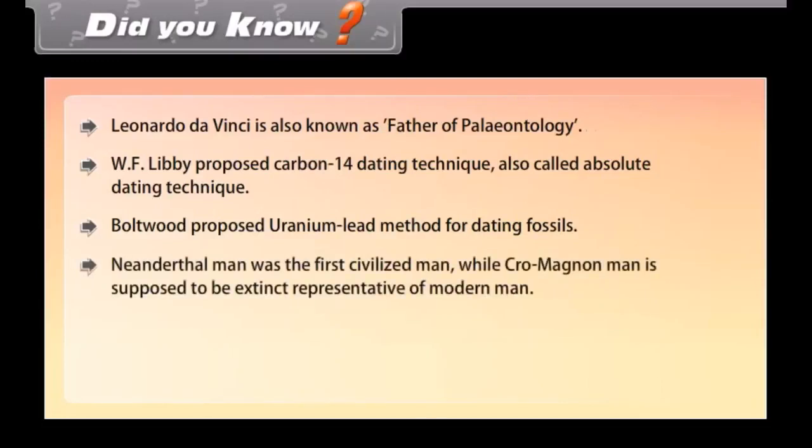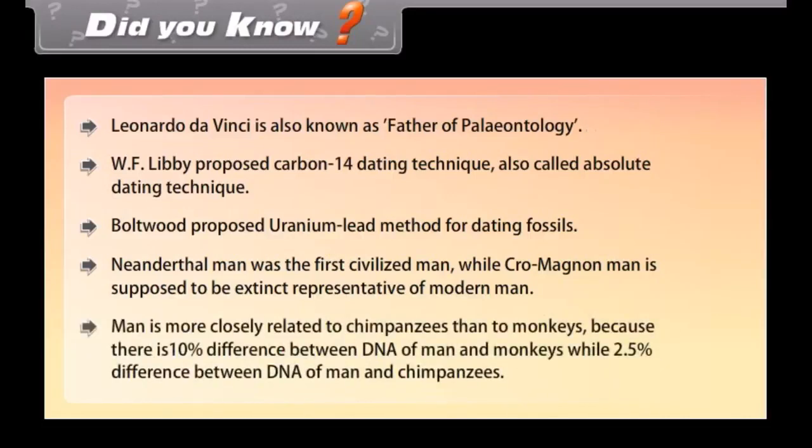Neanderthal man was the first civilized man, while Cro-Magnon man is supposed to be an extinct representative of modern man. Man is more closely related to chimpanzees than to monkeys because there is a 10% difference between DNA of man and monkeys, while 2.5% difference between DNA of man and chimpanzees.